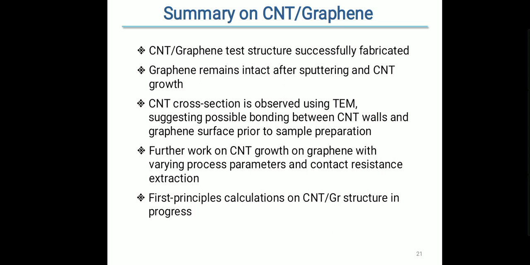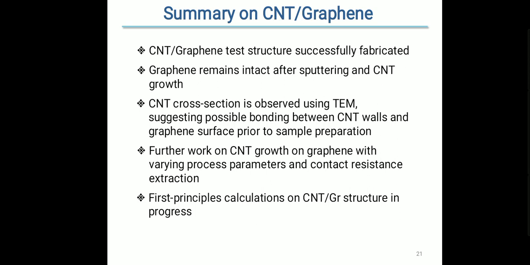And the summary of this CNT on graphene. The CNT on graphene test structure was successfully fabricated, and graphene remains intact after sputtering and CNT growth. So it remains intact after sputtering and CNT growth. The CNT cross section is observed using TEM.